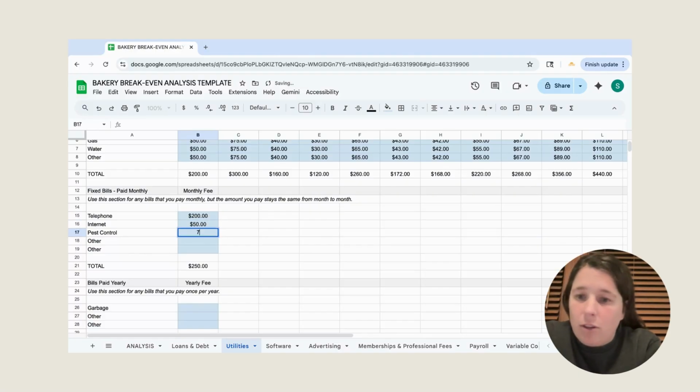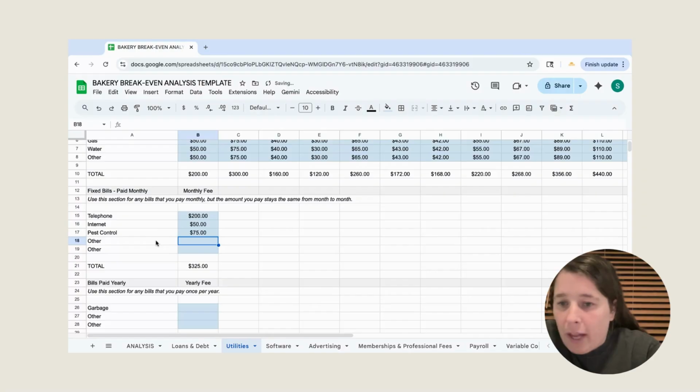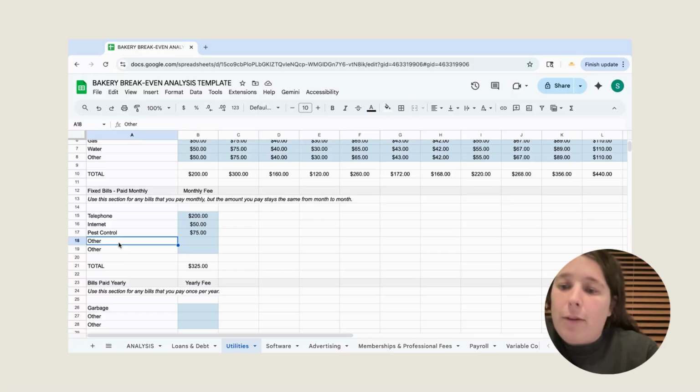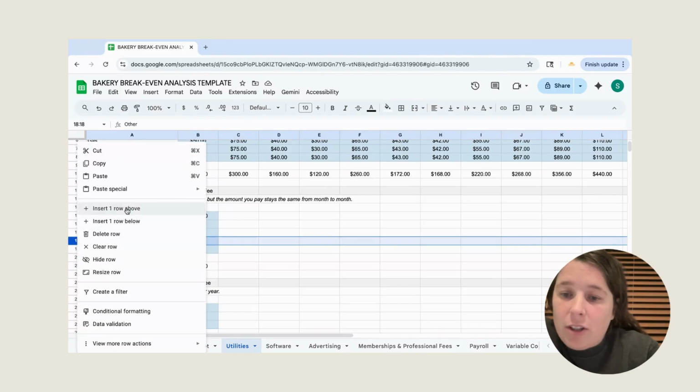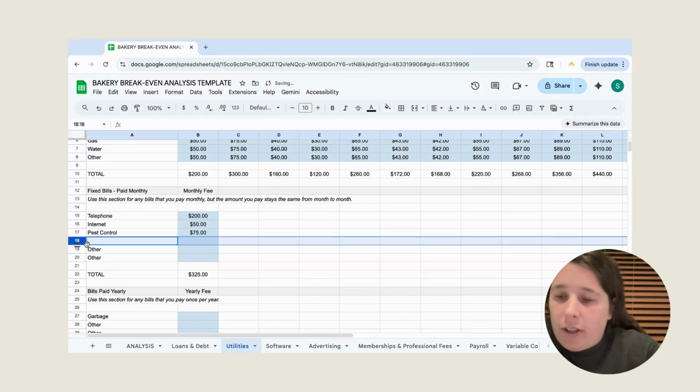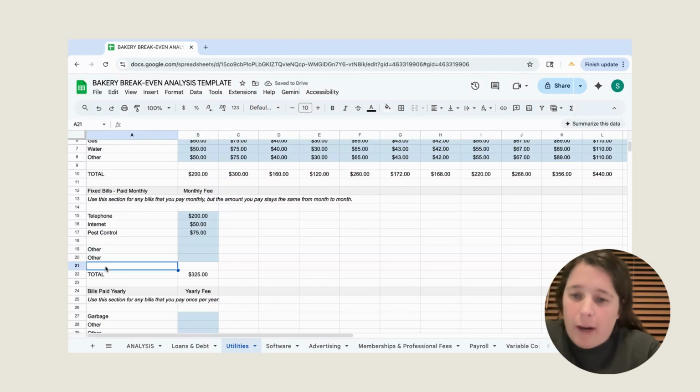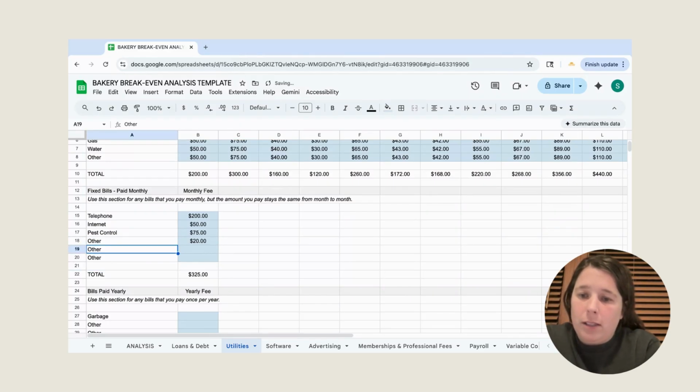Internet, pest control, because you're a bakery and you don't want pests. If you have other things to add, you can do those here. Say you have 3 other bills that you know about. It's important that you insert a row above, or you could do below as well, but you don't want to insert a row right here. If you insert a row above, let's say it's $20, see how it updated this number?